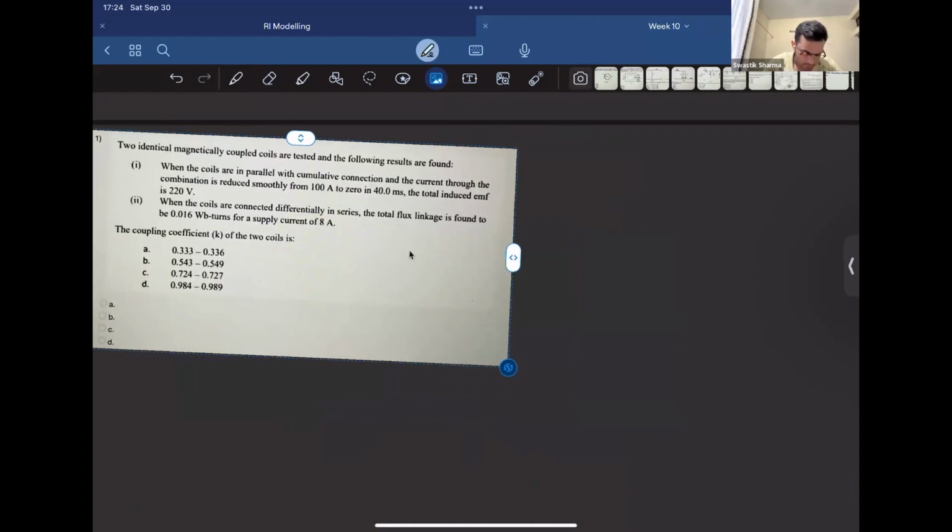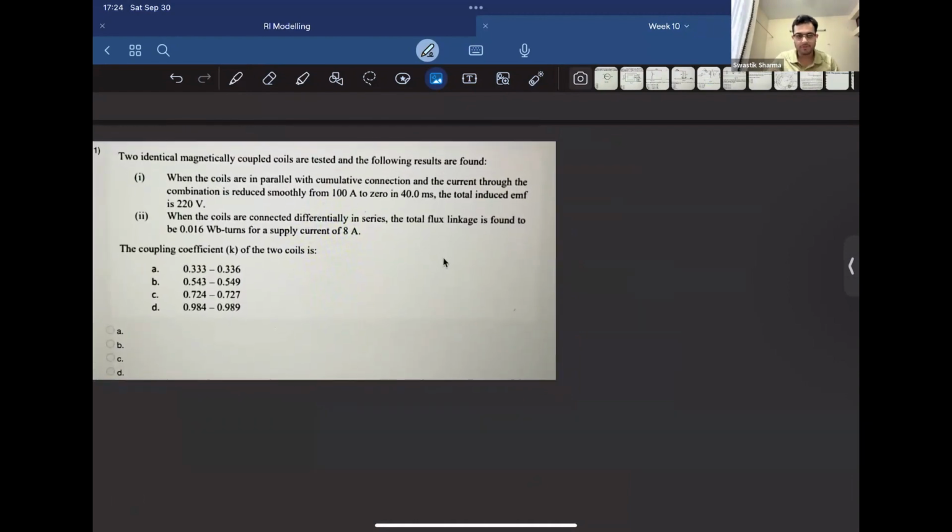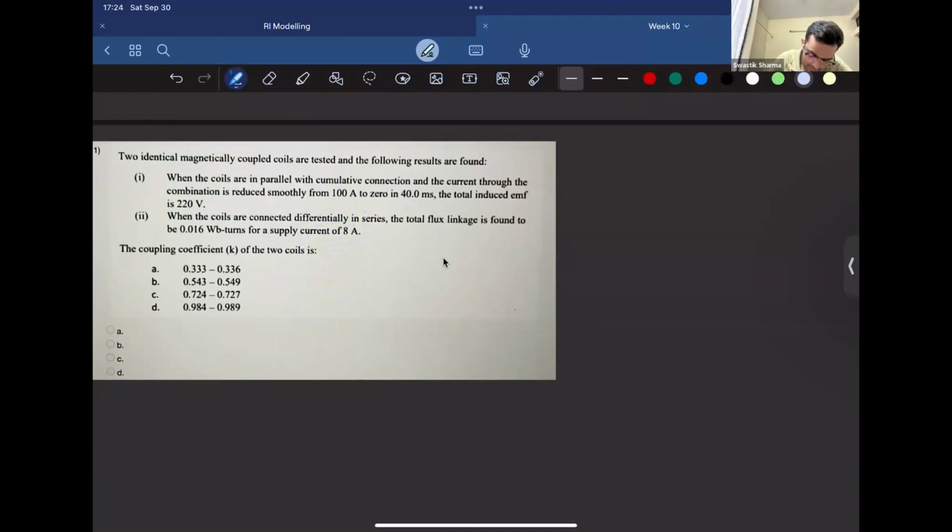Let's start with this question. While doing questions, you'll get to know a lot of things. In this question, it's saying that two identical magnetically coupled coils are tested. That is, both of them will have the same self-inductance, right? They are identical magnetically coupled coils. And the following results are found when the coils are in parallel with cumulative connection and the current through the combination is reduced smoothly from 100 ampere to 0 in 40 milliseconds.